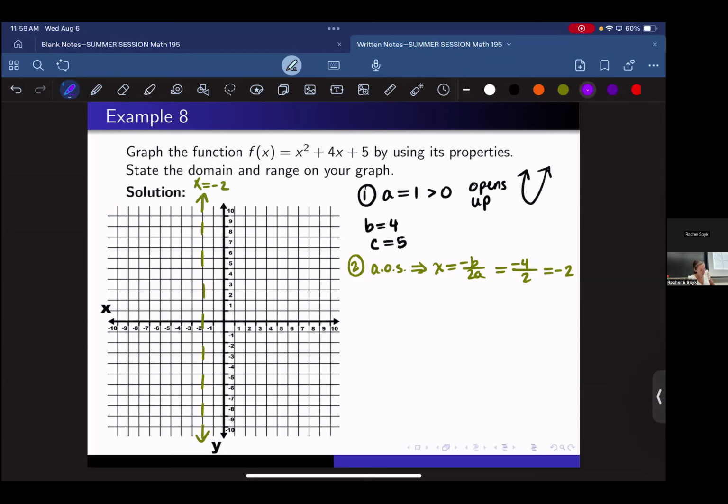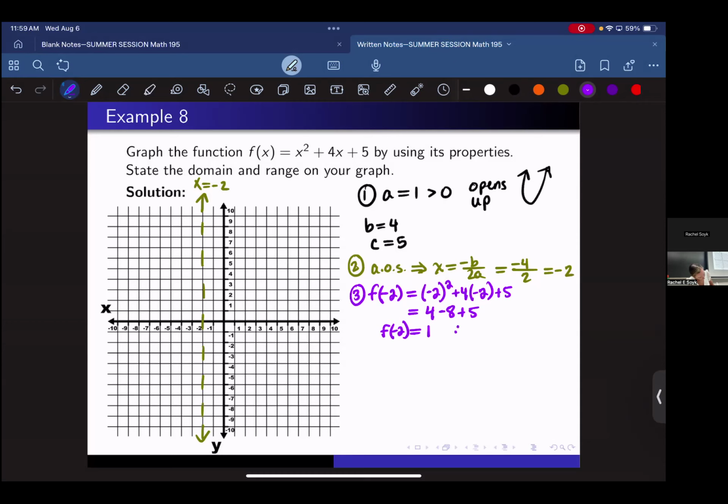Step 3, vertex. F of negative 2 gives you negative 2 in parentheses squared plus 4 times negative 2 plus 5. So we get 4 minus 8 plus 5, which is just 1.